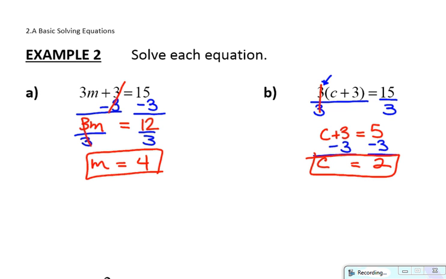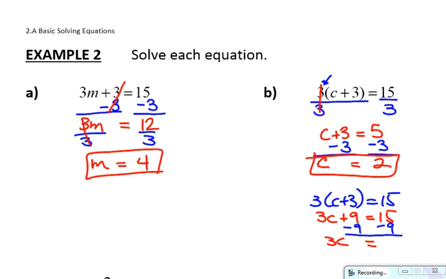You actually have your choice on this one. I could have started off with the 3 in parentheses, c plus 3 is equal to 15, and I could distribute that if I wanted to and get 3c plus 9 is 15. Now to undo it, going in the reverse PEMDAS, the first thing I need to do is subtract my 9 from both sides, and that would result in 3c is equal to 6.